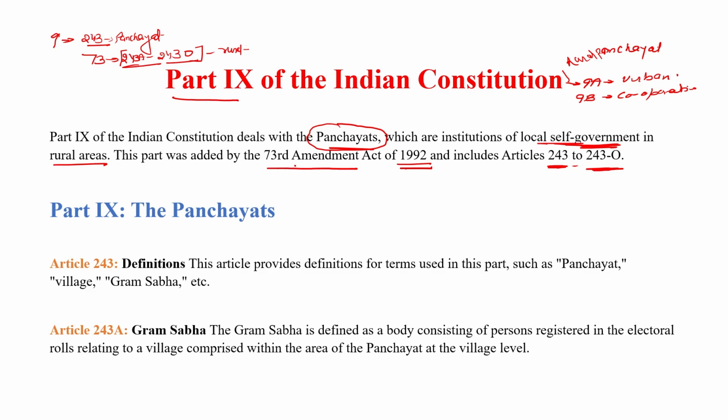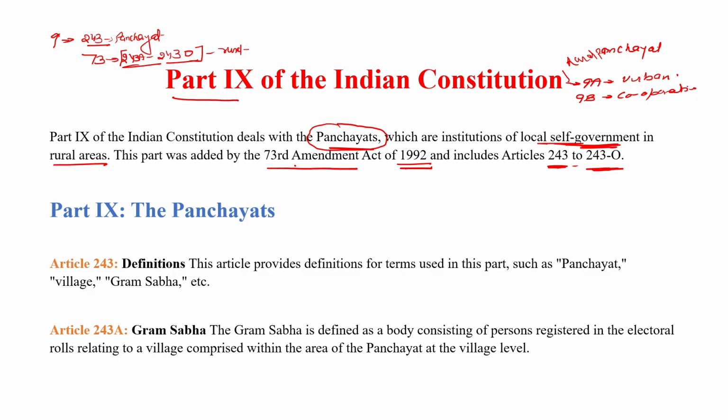This Panchayati Raj draft was prepared by the Balwant Rai Mehta Committee in 1957. Presently we have a three-tier Panchayati Raj structure in India: Gram Sabha, District Council and Jilla Parishad. This three-tier structure was basically prepared by the Balwant Rai Mehta committee.